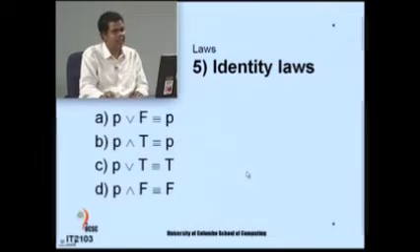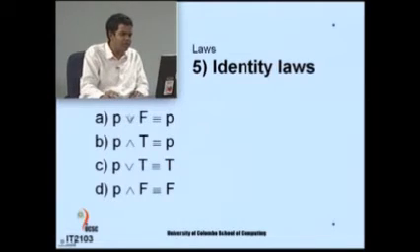Then we have the identity laws, which say that P or something false is equivalent to P, and P and something which is true is also equivalent to P. We have P or something which is true, which is equivalently always true, and P and something which is false, which is equivalently always false.